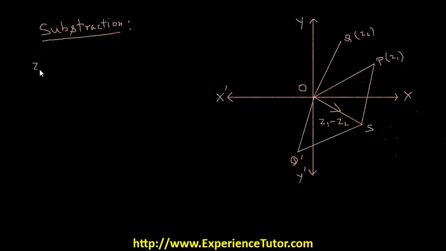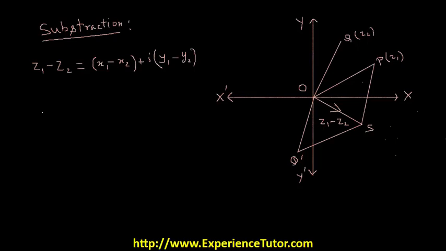So Z1 minus Z2 can be represented as x1 minus x2 plus i (y1 minus y2) in Cartesian form.